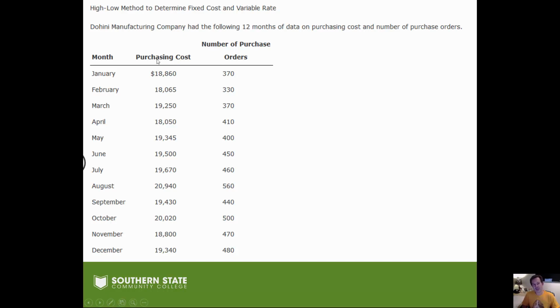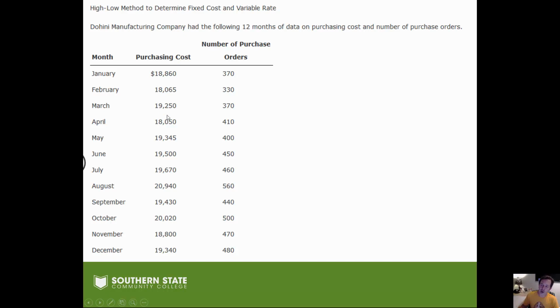What we want to do is break it down into a fixed and a variable component so we can accurately predict going forward what our total purchasing cost might be at a level of maybe 600 purchase orders, or maybe 700, or maybe 300, whatever the case might be. The whole point behind what we're doing is trying to get a handle around the costs that we have and what's driving them. That way we can analyze and plan going forward.